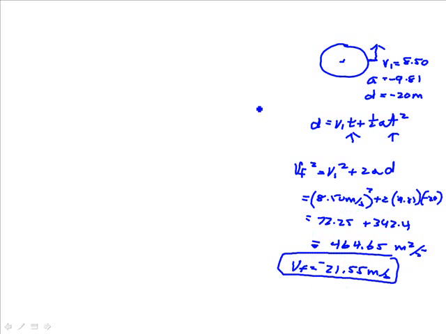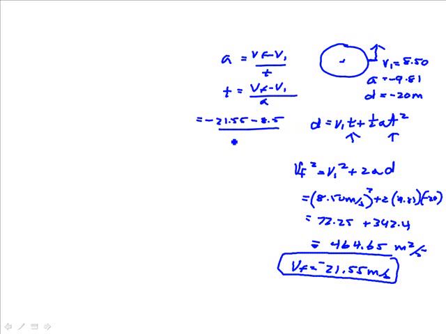And now that we know the final speed, we can calculate the time of flight, because since a is equal to vf minus vi over t, then t is equal to vf minus vi over a. And that's equal to negative 21.55 minus 8.5 divided by negative 9.81.